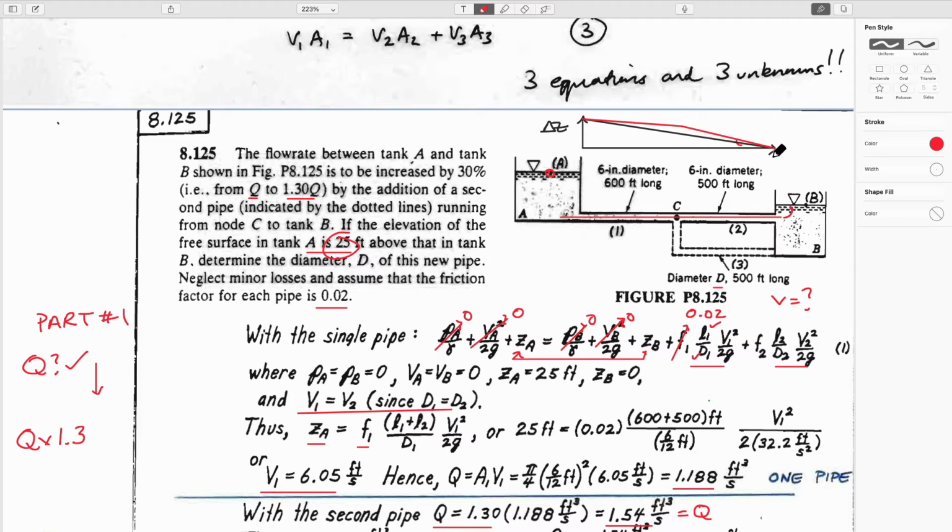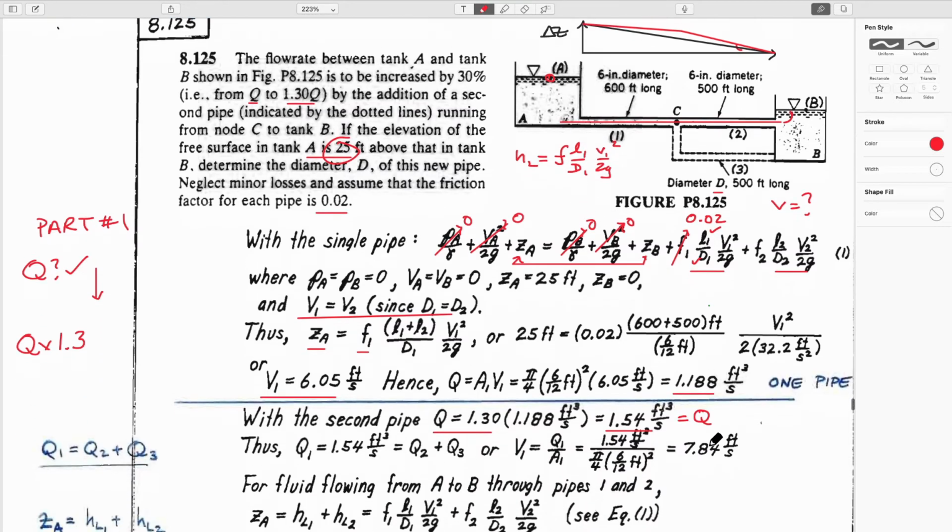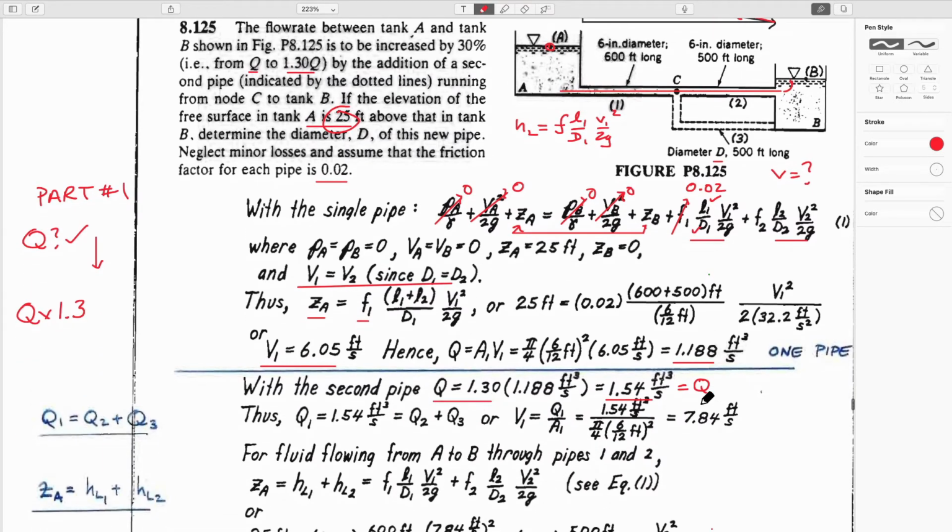But we know that this amount here is going to be absolutely constrained by the fact that the head loss is going to be equal to the friction factor times length 1 divided by d1 times v1 squared over 2g. And we absolutely know this, right? Because the volumetric flow rate through this is 1.3 times the original one. So that allows us to calculate v1 out of this.